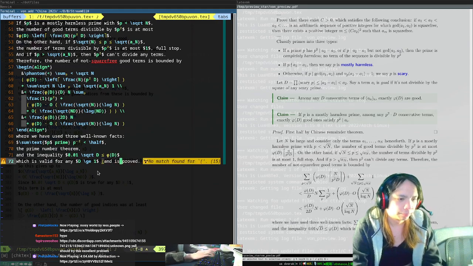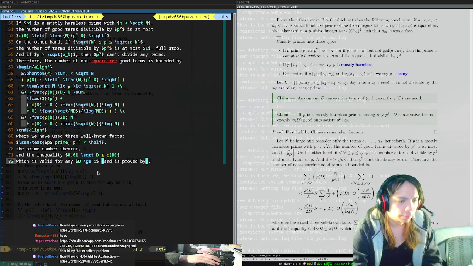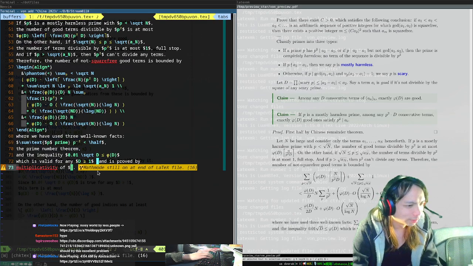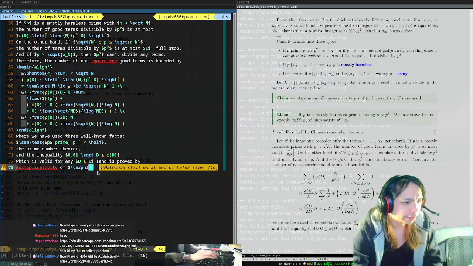Proved using prime powers of multiplicativity, is that a word, of phi x over x.